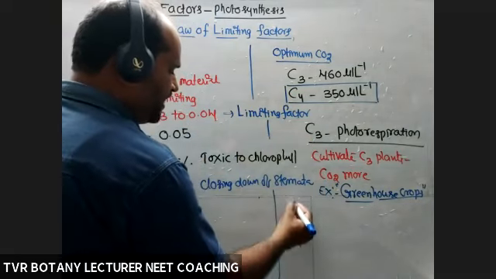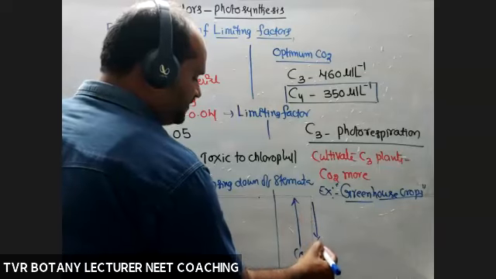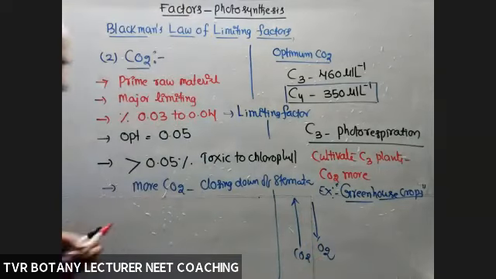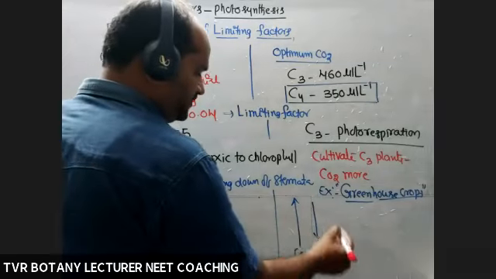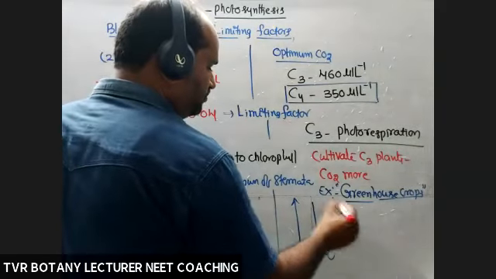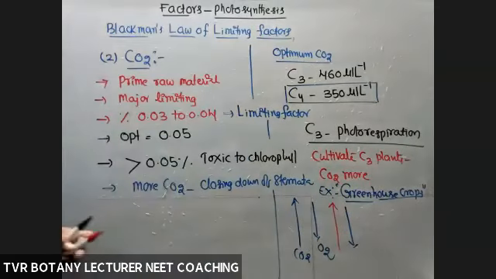So we have to cultivate C3 plants in the area with more CO2: increased concentration of CO2 and decreased concentration of oxygen. If CO2 concentration is more and oxygen less, photosynthetic yield is more, and photorespiration very less.